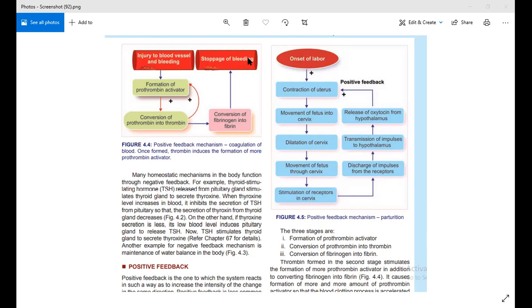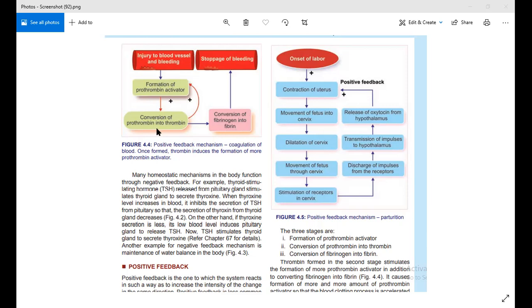But something happens. When we go to the conversion of prothrombin into thrombin, now watch this. Injury to blood vessel and bleeding, formation of prothrombin activator, and then conversion of prothrombin into thrombin. But the process did not just lead to conversion of fibrinogen into fibrin alone.